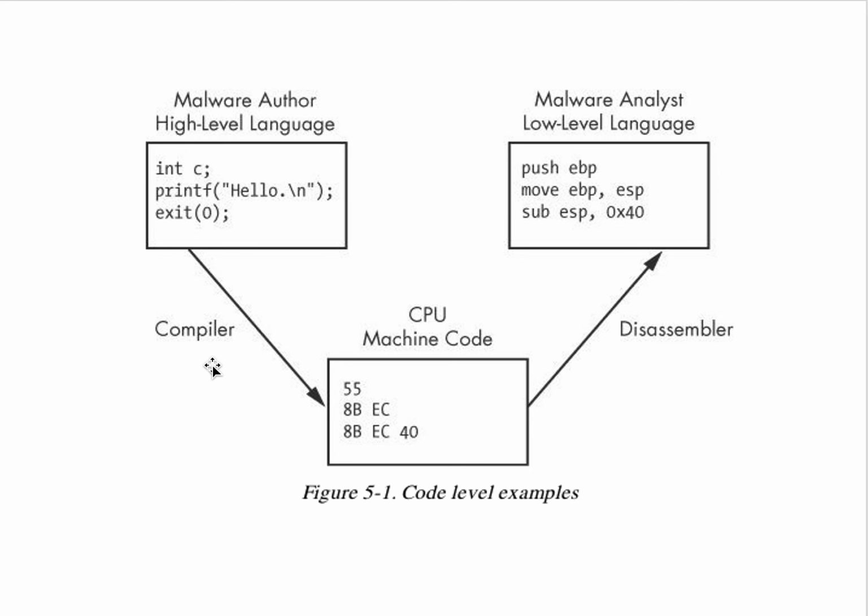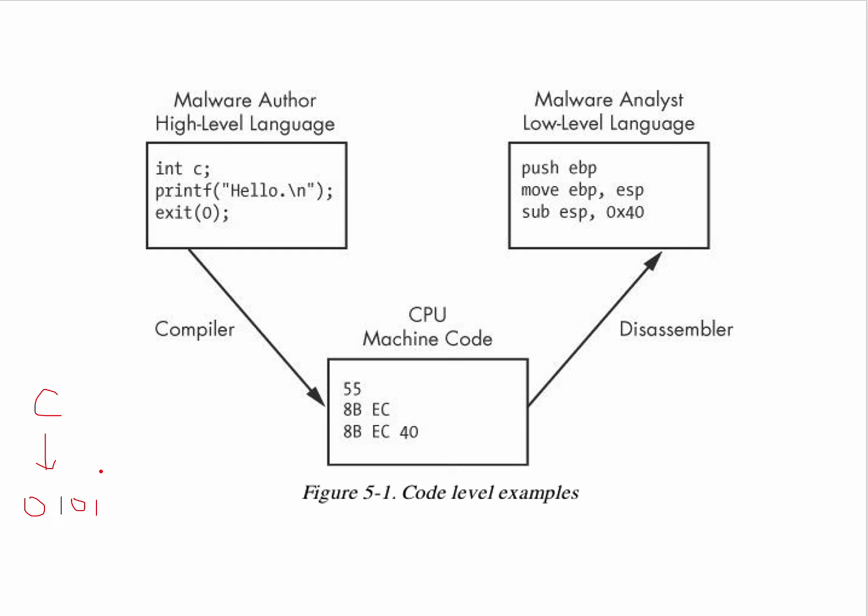As a comparison, when C gets compiled, it literally gets compiled into zeros and ones that the machine can understand.